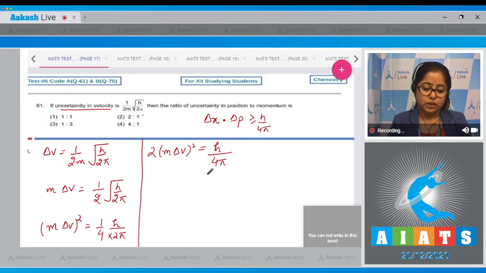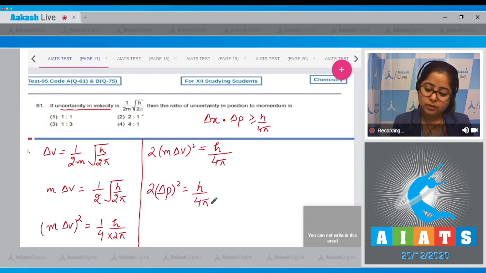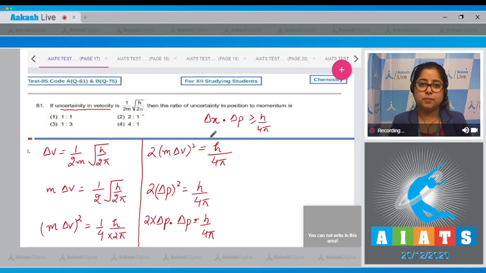Now students, it is very clear that m delta v is momentum. So 2 into delta p square is equal to h upon 4 pi. That means 2 into delta p dot delta p is equal to h upon 4 pi. Also, according to Heisenberg uncertainty principle, delta x into delta p is equal to h upon 4 pi. So that means 2 into delta p is equivalent to delta x.